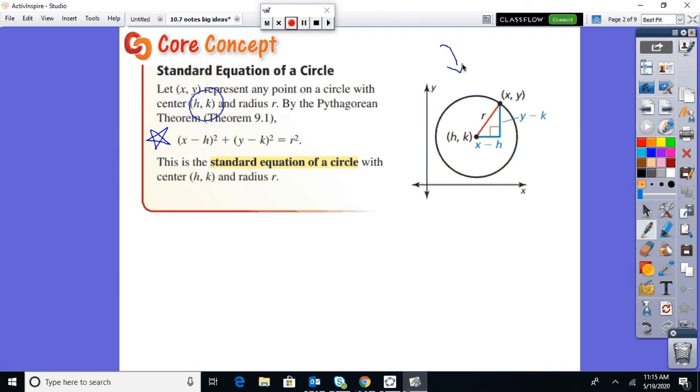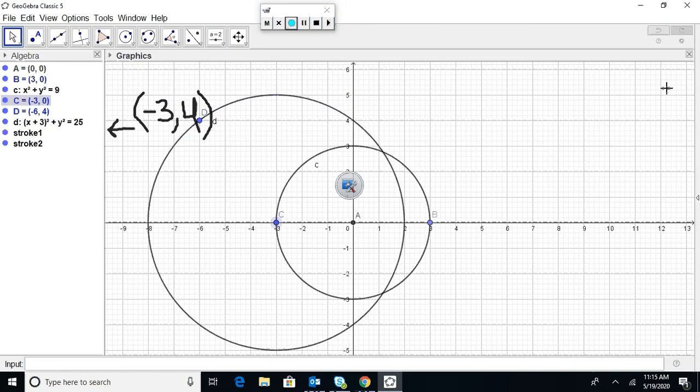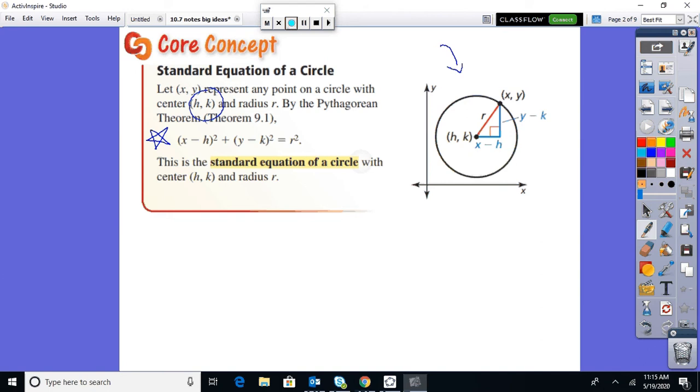Just like when we have y equals mx plus b, you could alter the x and the y, the b, there were different things happening in there. There's different things happening in the equation of the circle, but don't freak out. It's just like what we just did in GeoGebra, with the equations you're looking at on the left-hand side under algebra. All right, so now let me show you where this comes from real quick.